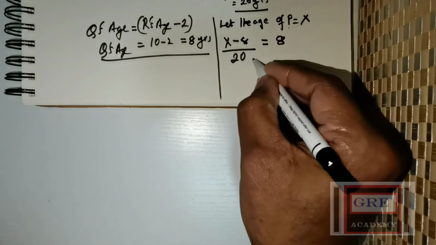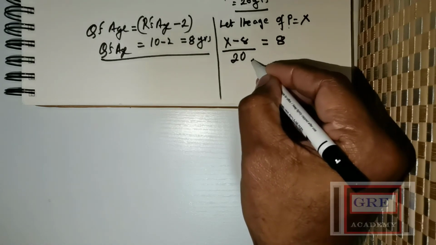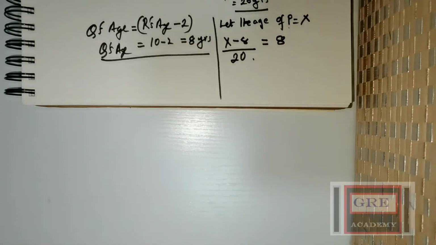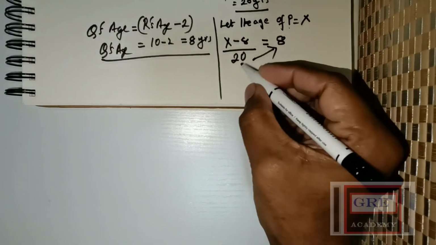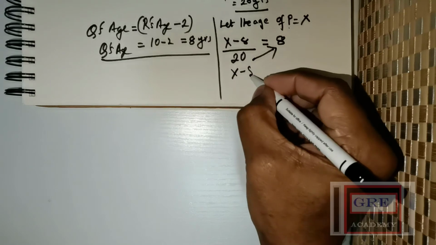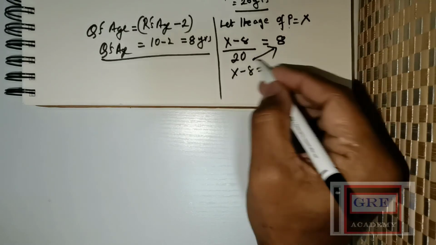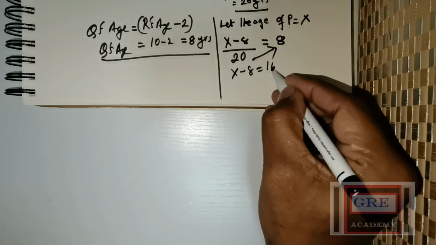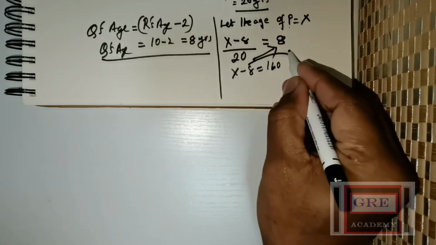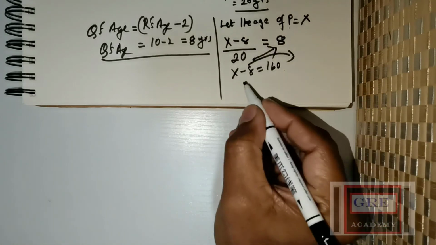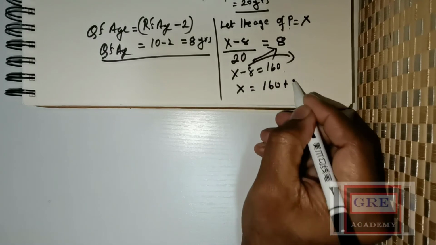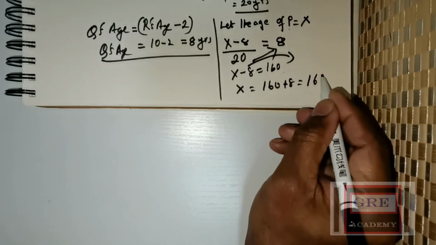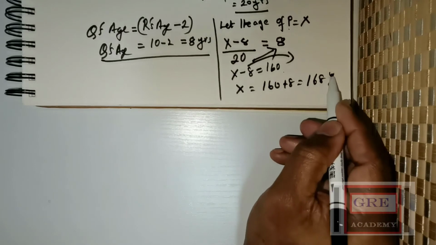So cross multiplying, we would get x minus 8 is equal to 8 times 20, which gives us 160. I move 8 to the other side, negative 8 would become positive, so x is going to be 160 plus 8, which is 168 years.